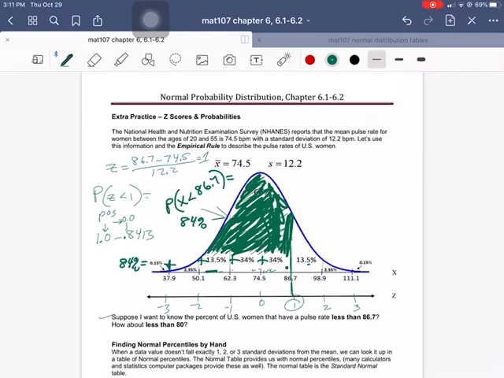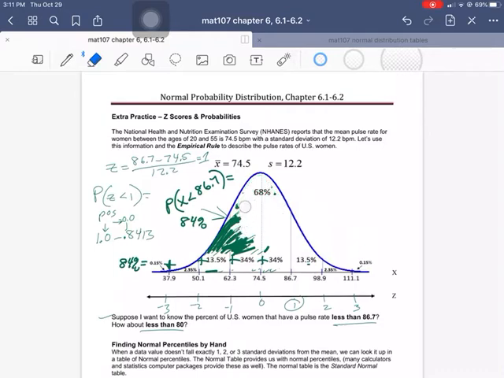And then it says, what if it's less than 80? So 80, let's see where 80 is here. All right, 80 is in between here somewhere.